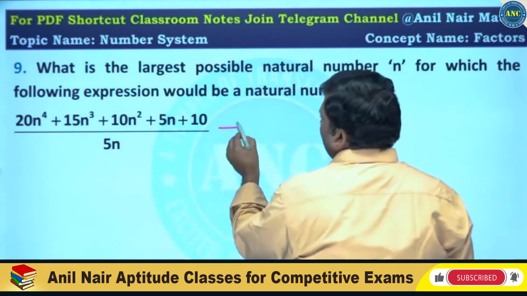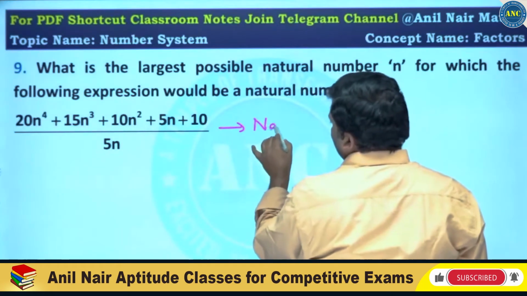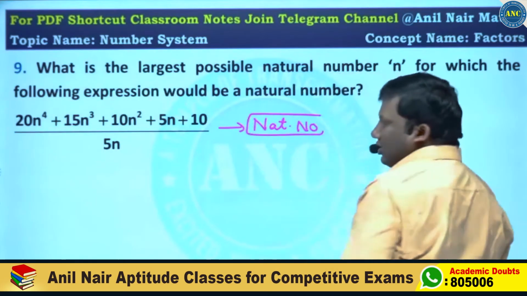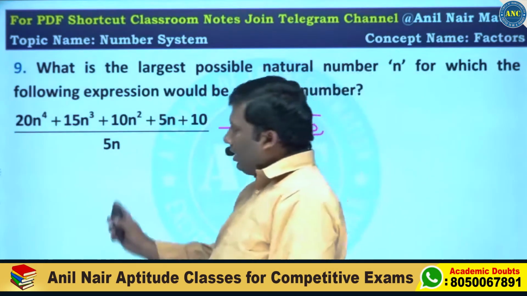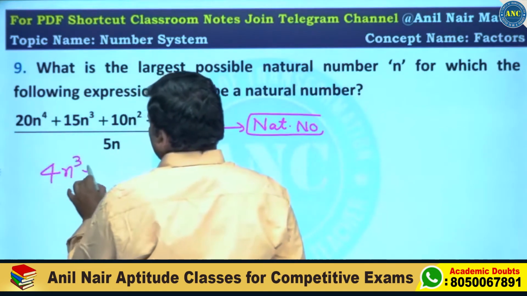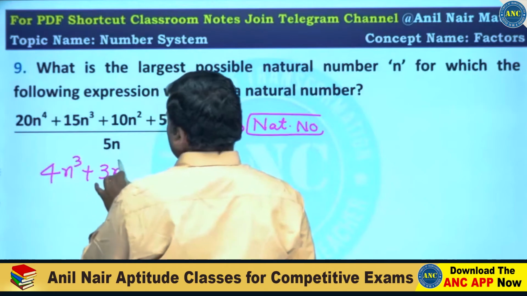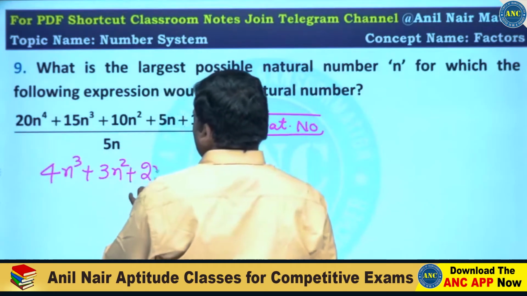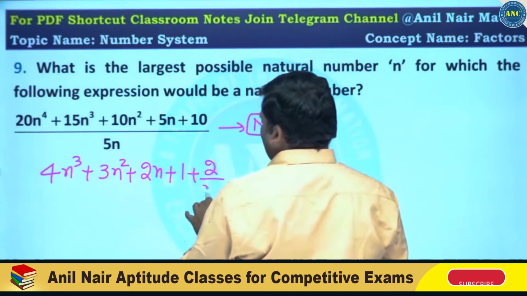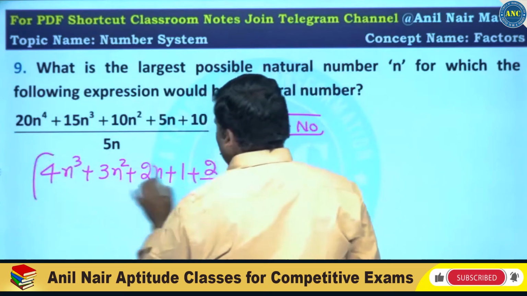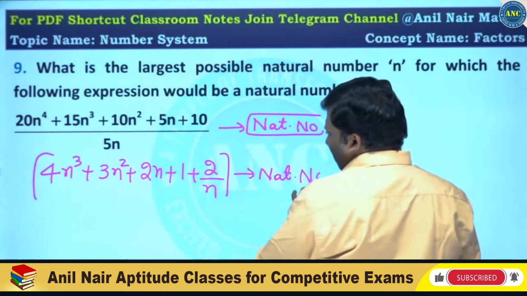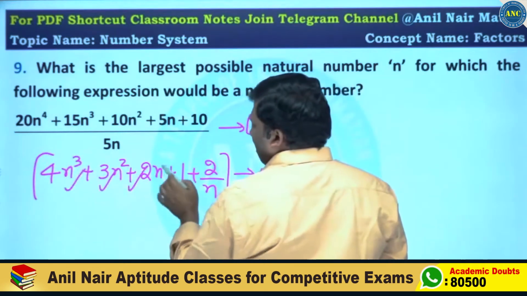Let me divide 20 by 5, 4n cube; 15 by 5, 3n square; 10 by 5, 2n; 5n by 5n, 1; 10 by 5n, it is 2 by n. This is a natural number. If it is a natural number, all these are natural numbers.